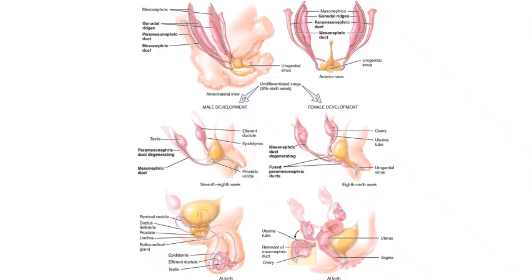If female sex hormones played a role in sex differentiation, then all embryos, whether genetically male or female, would develop female genital organs. Sex differentiation is the process by which genital organs develop along male or female lines.